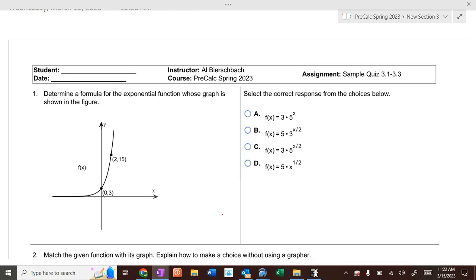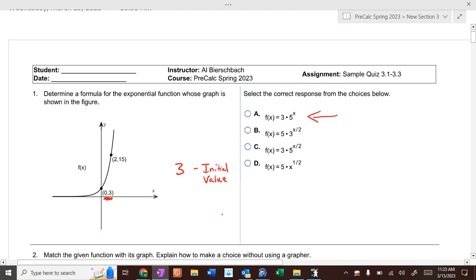Now, because we're at 0, 3, 3 is called the what? 3 is the initial value. Okay? Now, if I'm a guessing man, it's probably A.